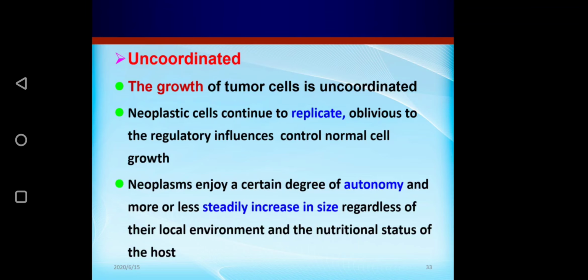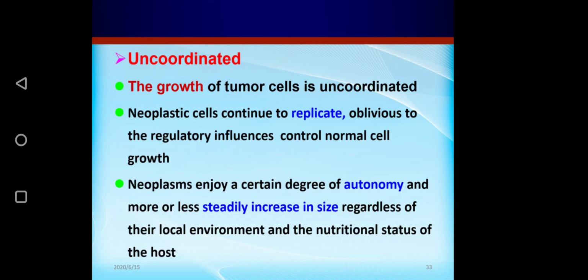The second feature is uncoordinated growth. The growth of the tumor cells is uncoordinated. Neoplastic cells continue to replicate, and the neoplasm enjoys a certain degree of autonomy and more or less increases in size, regardless of the local environment and the nutritional status of the host.